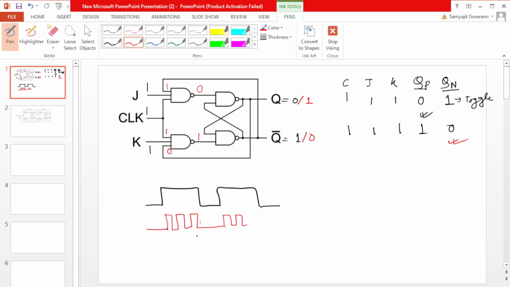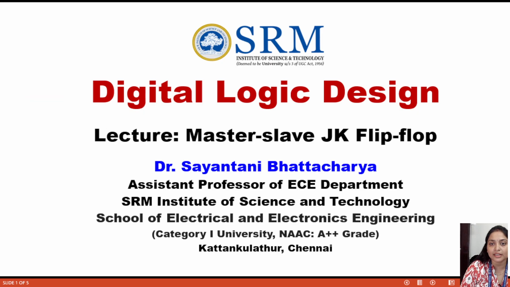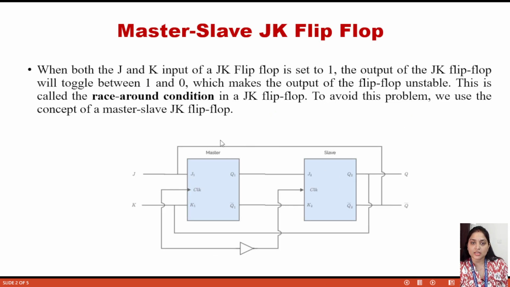So continuously, within this clock period, when we apply J and K and the clock pulse is 1, the output will be 0 1 0 1 0 1 combinations. So it is totally an unstable condition. This condition is also called the race around condition. To avoid this race around condition, we can use the master slave flip-flop.